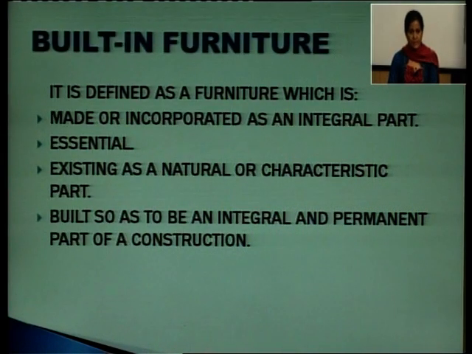It is existing as a natural or characteristic part. When you enter a room, you see different furniture and it becomes an integral part. You know why it is necessary. It is built so as to be an integral and permanent part of a particular construction.